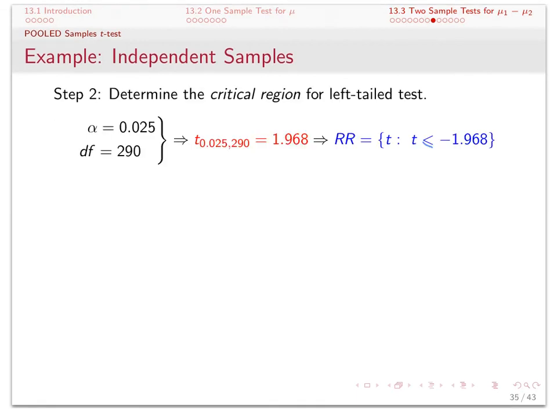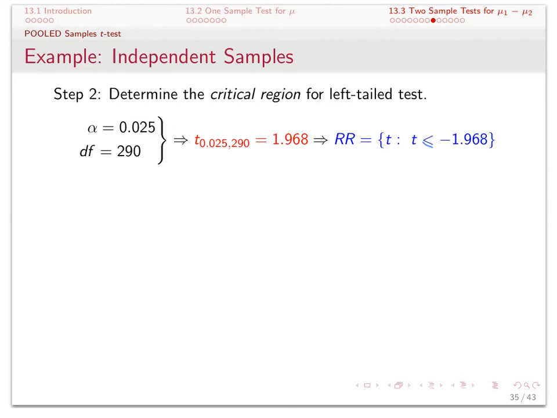Step 2 says let's determine our critical region for this left-tailed test. So alpha is given to be 0.025. Our degrees of freedom would be 167 plus 125 minus 2. That gives us 290 degrees of freedom. So we're looking for a t-score with an area of 0.025 in the tail with 290 degrees of freedom. If we look in our t-table in the book, it doesn't give us this value precisely.